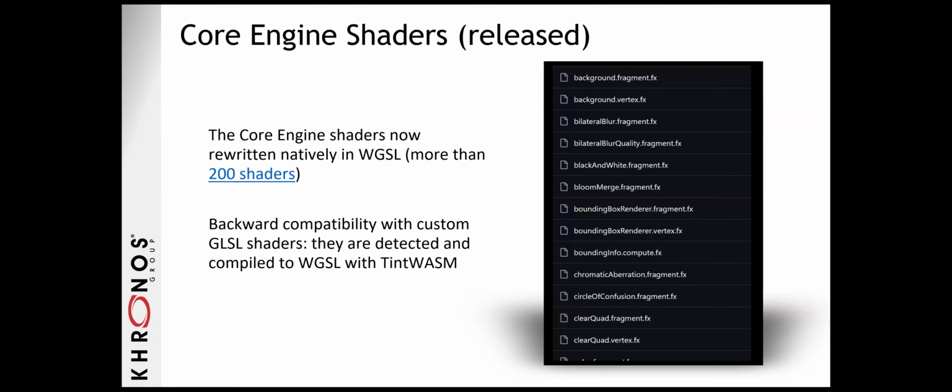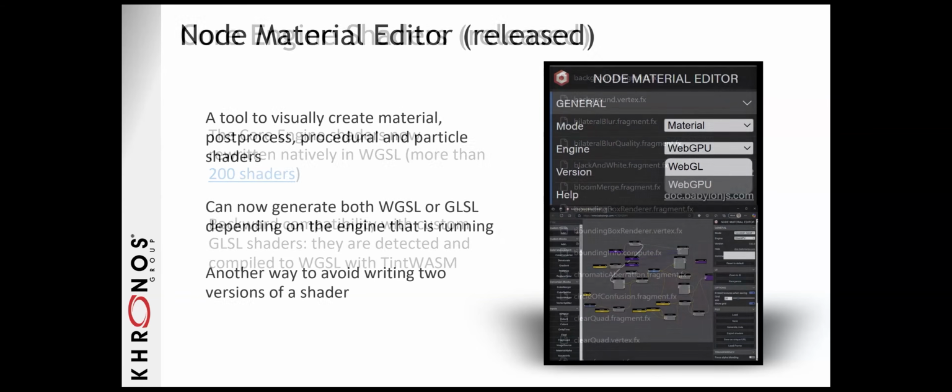So if you're using the engine out of the box, you're 100% in WGSL. If you have custom shaders, of course, you can write them in WGSL, but if you just want to stay with GLSL, there is backward compatibility. They are detected and compiled on the fly thanks to GLSlang and Tint Wasm. So that's for the core engine itself.